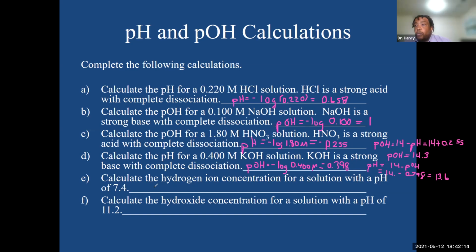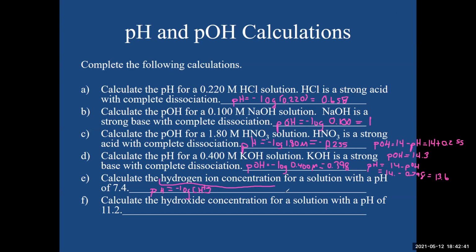Well, we don't have to because we're trying to calculate the concentration of the hydrogen ion. So we know that the definition of pH is minus log the concentration of H plus. So you have to do the inverse of the log, which would be to put both sides in the exponent of 10.